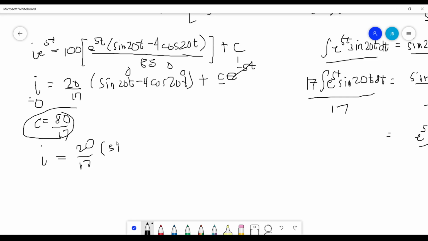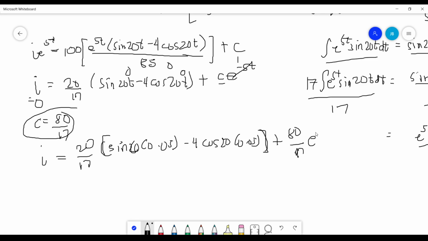So sine 20 multiplied by 0.05 minus 4 cosine 20 times 0.05, enclosed in brackets, plus your C, which is 80 over 17, times e raised to negative 5 times the time, which is 0.05.